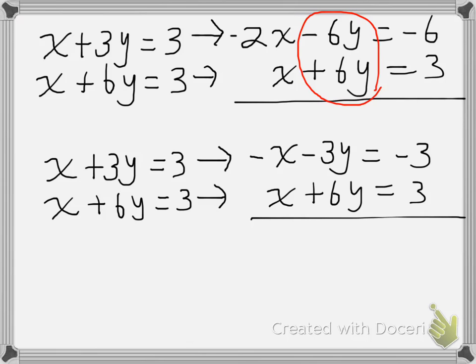And if I go to add these up, then -x and positive x will cancel each other out. And so either way, you could have solved this system by multiplying the first equation by -2, or by multiplying the first equation by -1.